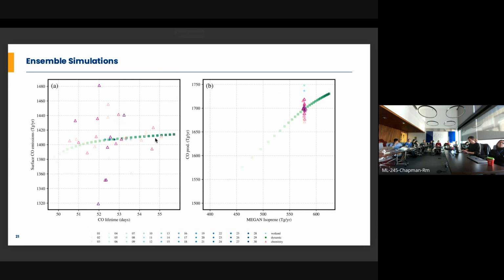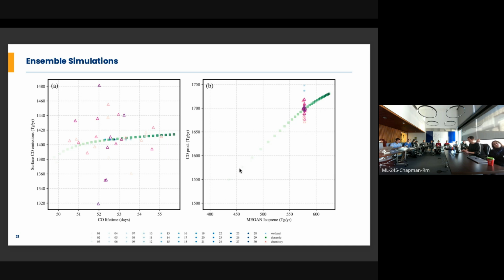So one of the things we noticed is that you get different CO emissions even though they're the same. And so this pointed to MEGAN response to dynamics, and you can see the green here is the different nudging, where these ones are the strongest nudging to ERA5.